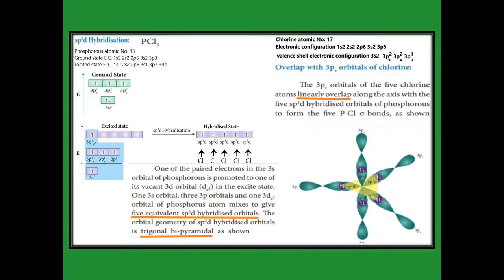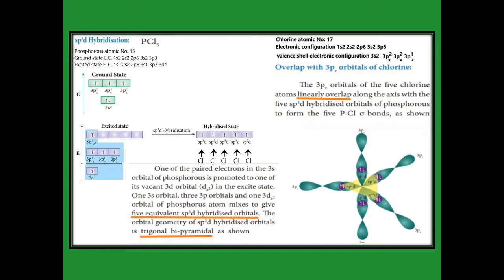So totally 5 orbitals, we get 5 sp3d hybridized orbitals. Now around the phosphorus, how many chlorines are there? 5 chlorines. Each chlorine gives 1 electron to 1 sp3d orbital, the last electron, that is the 3pz orbital electron.